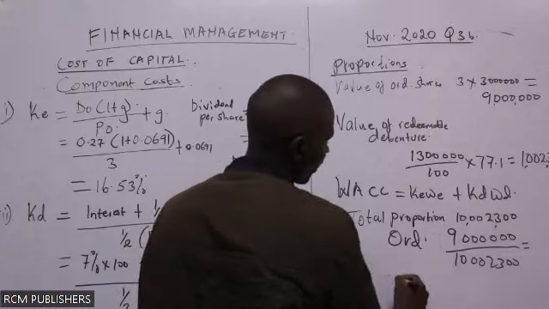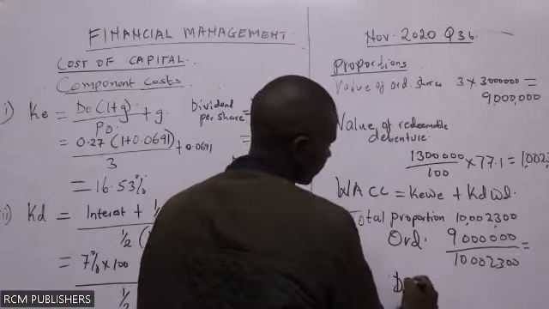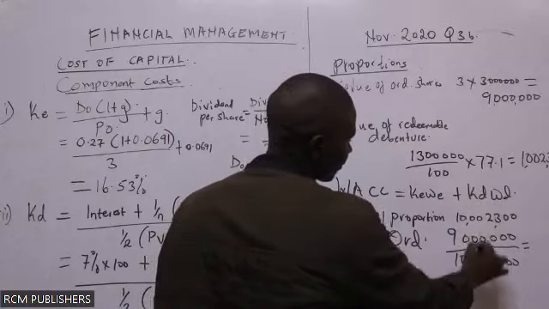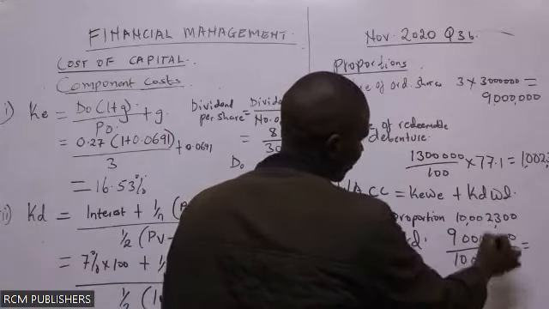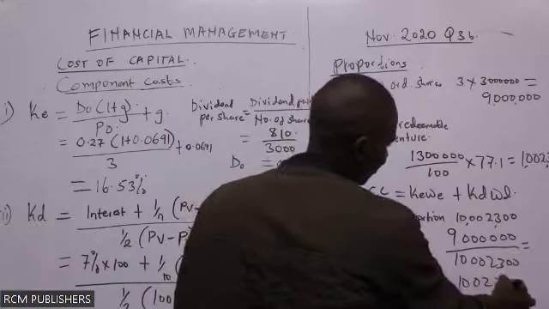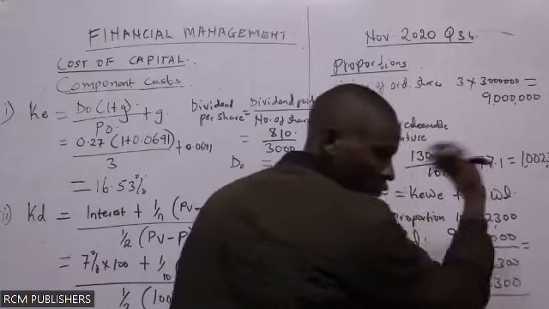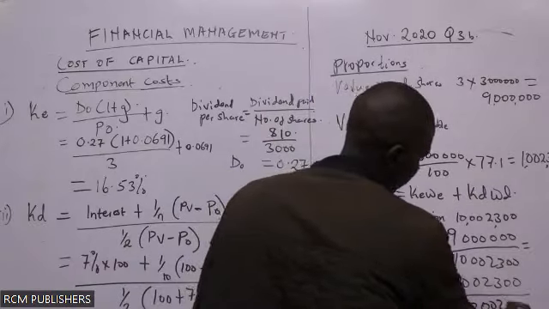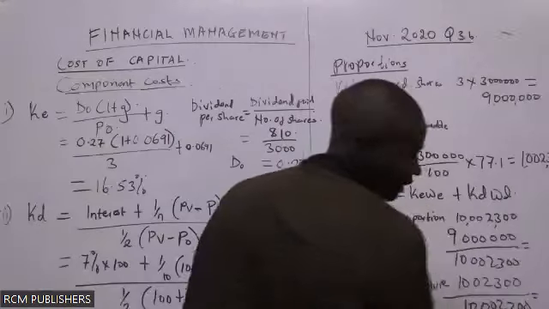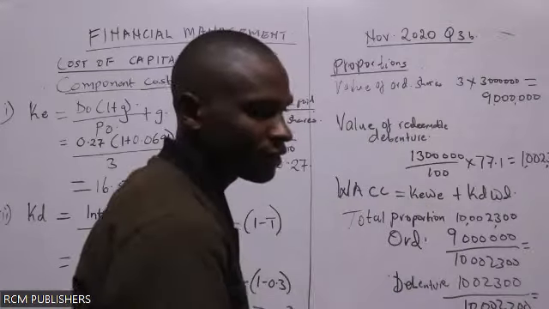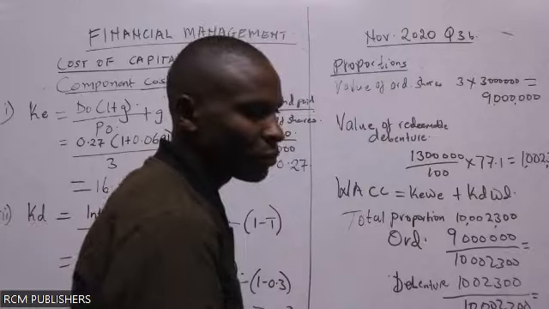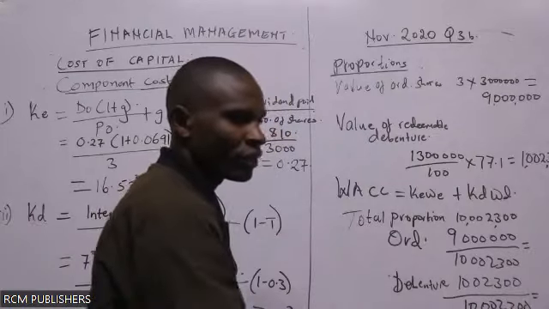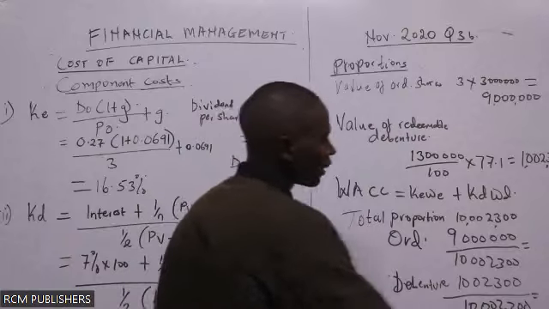And then for the debenture, it is 233,300 divided by the whole amount. Get those two, the first one, to 1 decimal place. 1 decimal place is fine. 0.9.